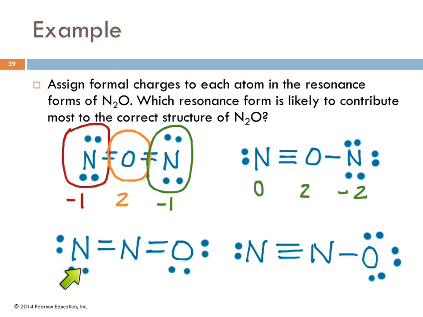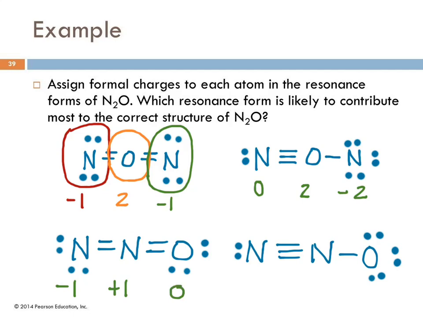So what's the formal charge on this nitrogen? Well, it's got 6 electrons, but what's the formal charge? -1. It came with 5, it owns 6, it's -1. How about this one in the middle? +1. And this oxygen? 0.